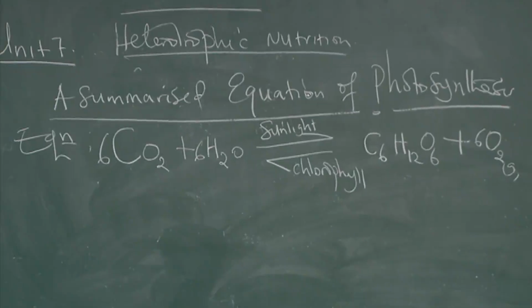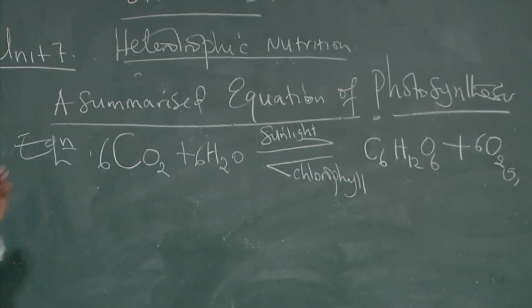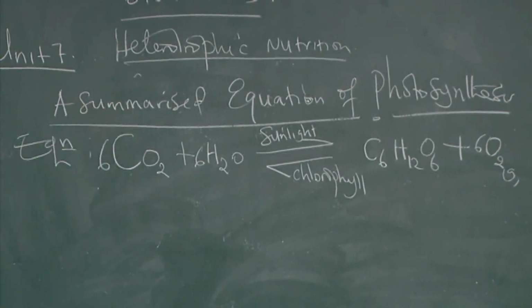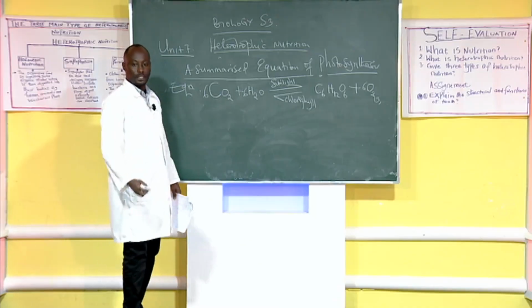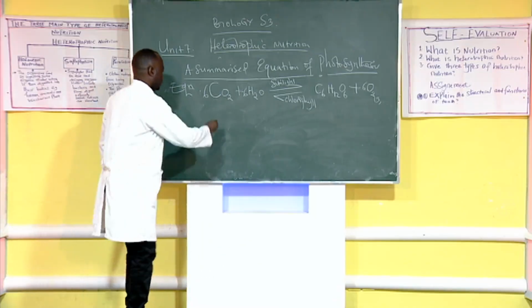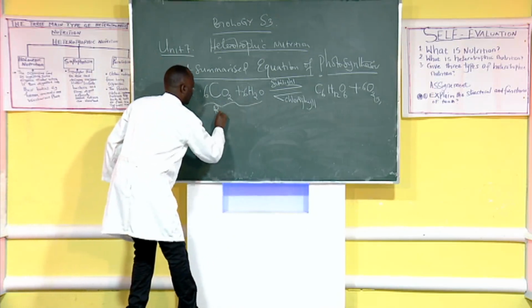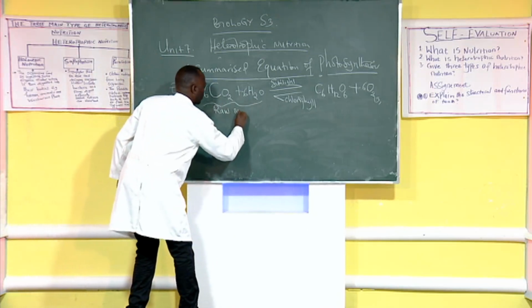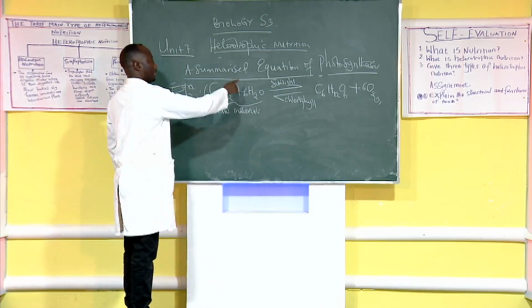Now, in that equation, what are the raw materials, what are the conditions, and what are the products of photosynthesis? Excellent. Nice. These are the raw materials: the carbon dioxide and water.